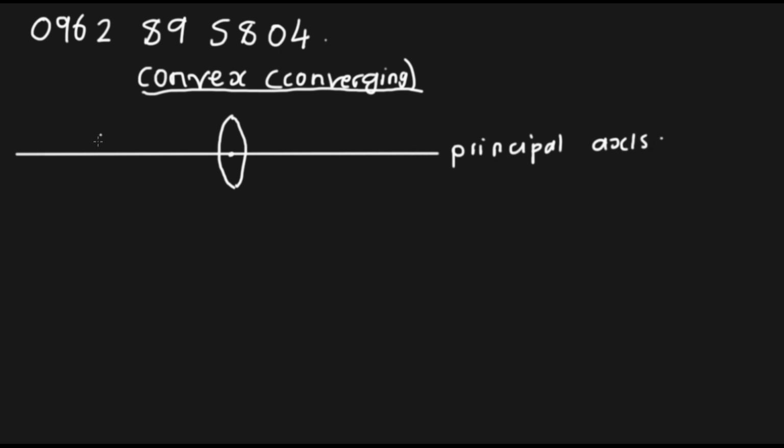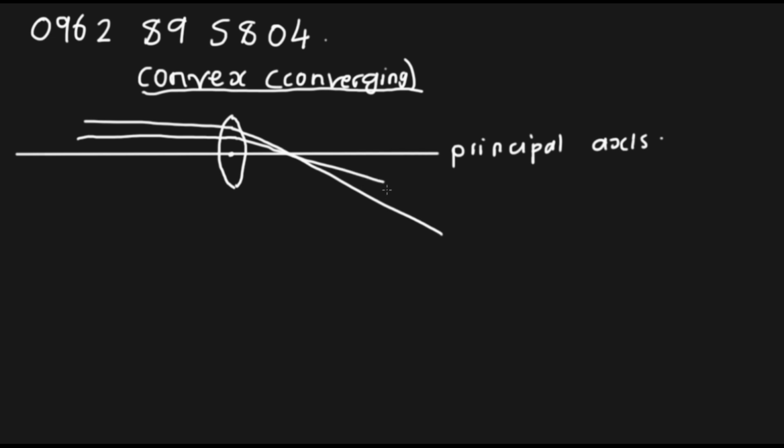Now, after the principal axis, I'm going to draw two rays of light on top and two rays of light on the bottom. Now the question is, what will happen to these rays of light after meeting the lens? They are going to converge.